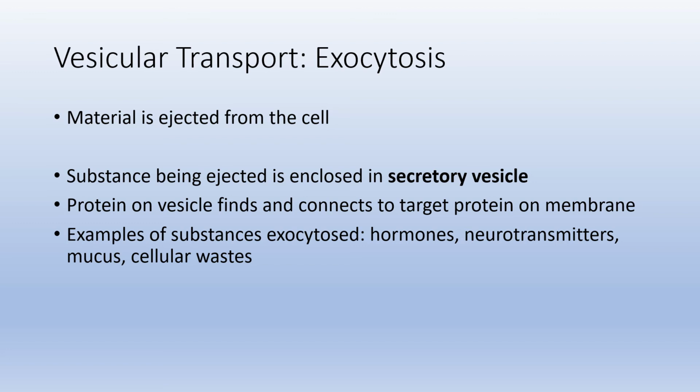Prior to these substances leaving the cell, they are enclosed in a secretory vesicle. Secretory meaning secretion. This secretory vesicle within the cell will fuse to the plasma membrane or connect to it, and it will release its contents to the exterior.